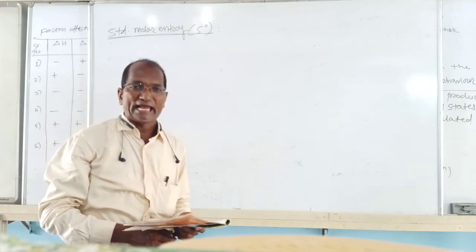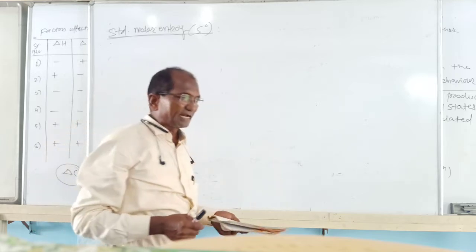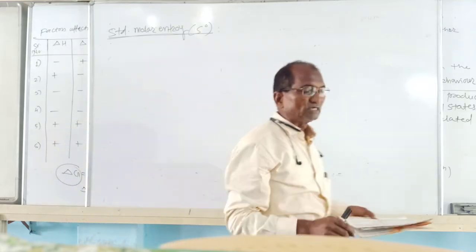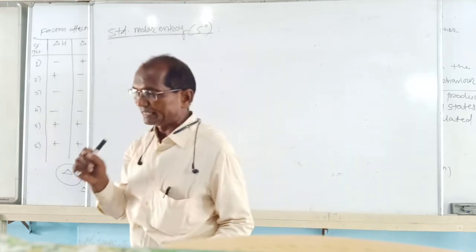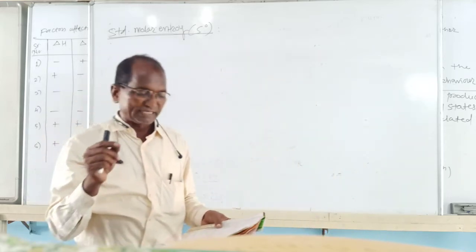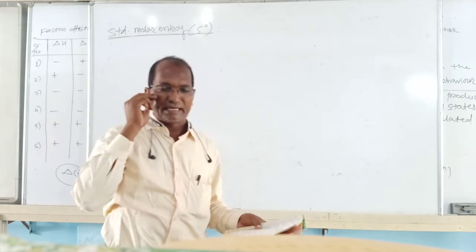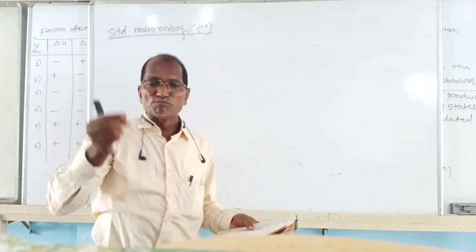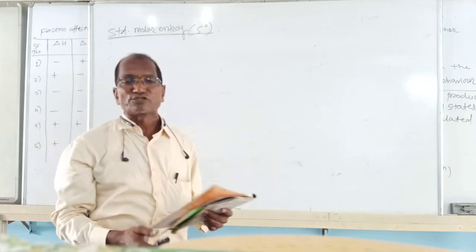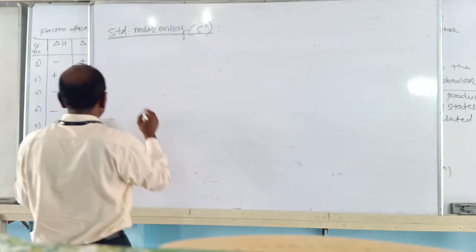Standard means a known or standard condition, and the standard condition is 1 atm pressure and 298 Kelvin temperature. At 1 atm pressure and 298 Kelvin temperature, the absolute entropy of 1 mole of substance is called standard molar entropy.